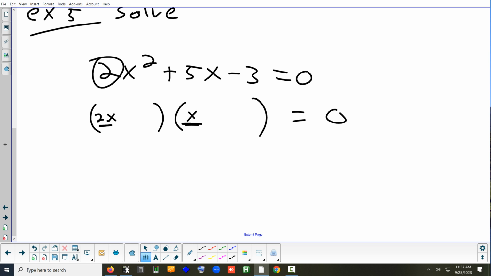Now, if this wasn't a prime number, like let's say that was a 24, well, now you've got all kinds of combinations that multiply to give you 24. But 2 is prime, so these are guaranteed to be right. Now, I have a positive 5 and a negative 3. What does that mean about my signs inside the parentheses?